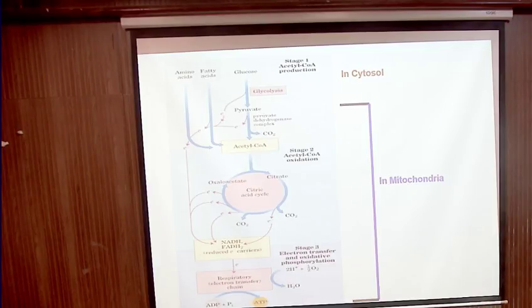We were dealing in the last class with the significance of what that Rapoport-Luebering cycle is all about. It's a shunt pathway. Anybody would be able to tell the significance of a Rapoport-Luebering shunt pathway?